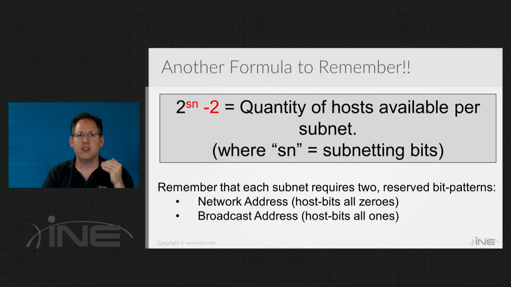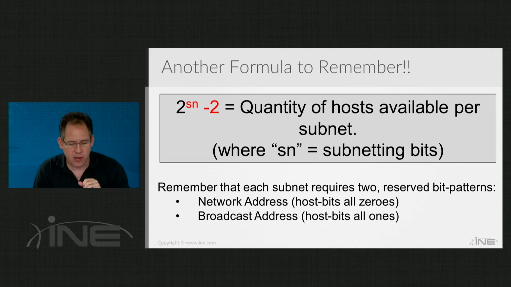How many hosts will there be in that network? And also keep in mind that whatever router is connected to that network, whatever default gateway is connected to it, that router counts as a host. That router's interface connecting to that network is going to need an IP address itself, so he recognizes that he is a host on the network.